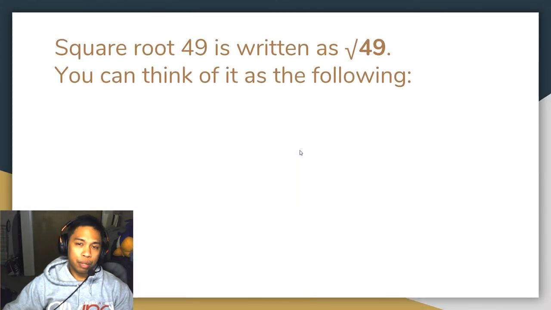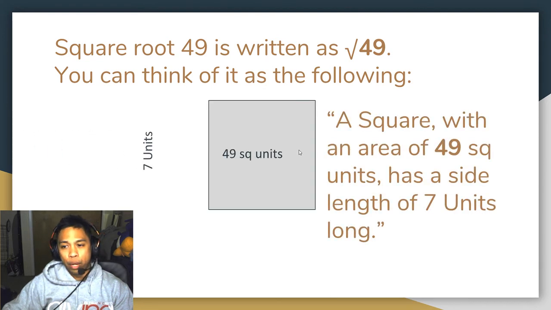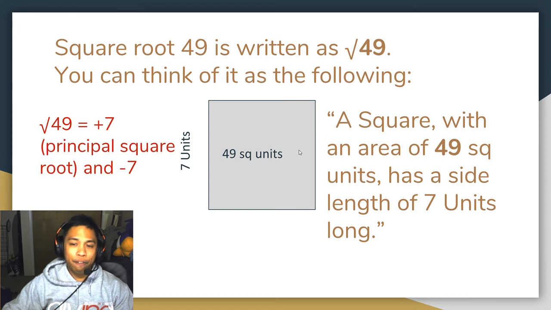Now, let's talk about this phrase, because this is what I teach my students to at least help them understand in the very beginning what a square root is. So the square root of 49 is written as the following. You can think of it as this: a square with an area of 49 square units has a side length of 7 units long.